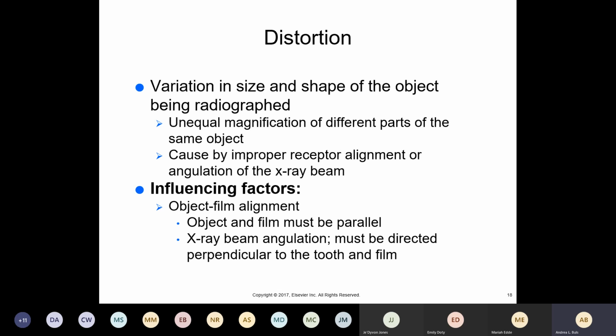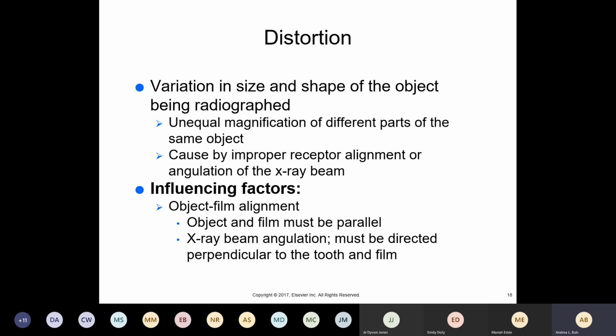So the influencing factors here are the object to film alignment. We were talking about this with bitewings. If I don't have my image receptor aligned parallel with my teeth, then I'll probably have overlap. So whether you're worrying about distortion or overlap or whatever it may be, the most important thing is to have that object and film aligned, parallel.